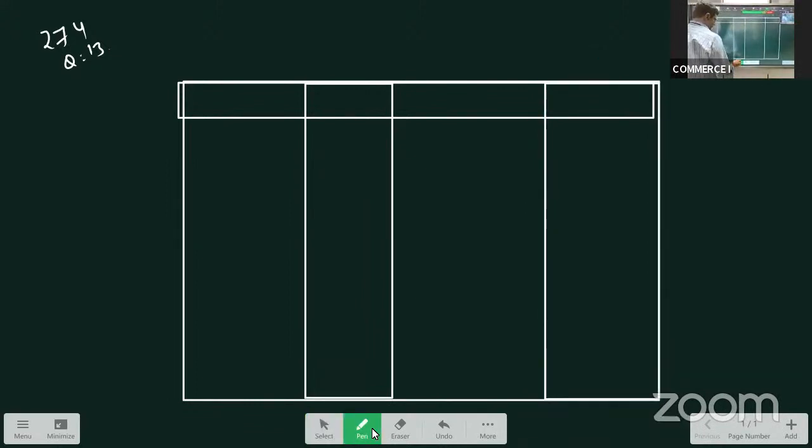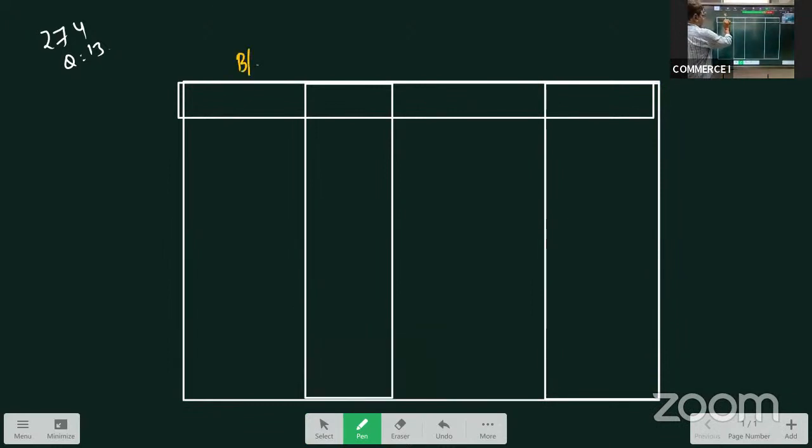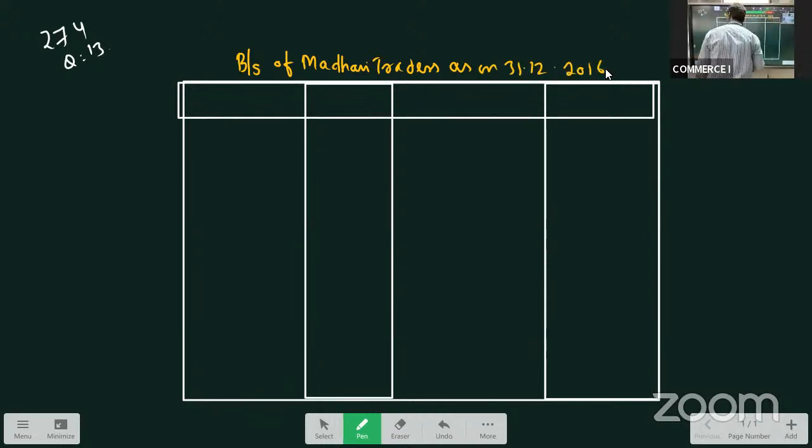So what are we preparing? We are preparing balance sheet of Madhavi Traders as on 31st December 2016.